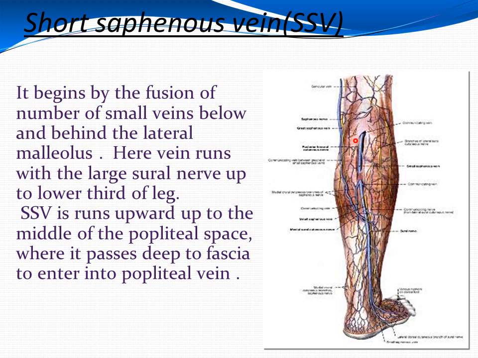Occasionally it fails to reach the knee and ends in the great saphenous vein or deep veins of the leg. So this small saphenous vein consists of 7 to 13 valves. You find 7 to 13 valves in the short saphenous vein. So that is about the short saphenous vein.